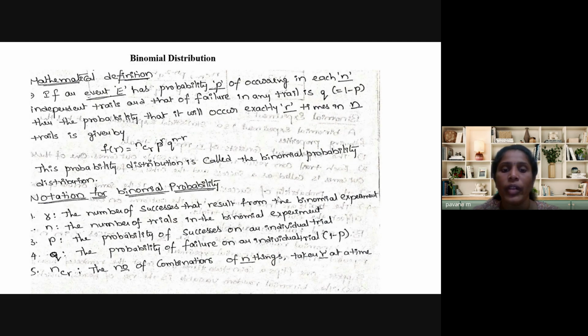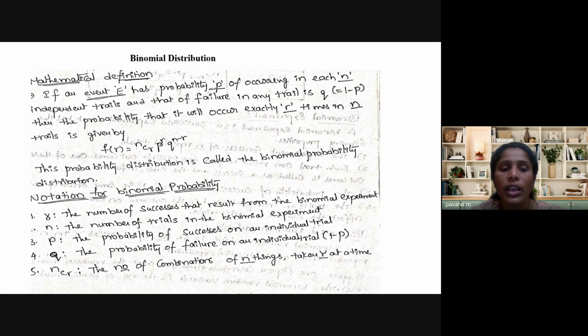First we will discuss binomial distribution. Suppose an event E has probability p of occurrence in each of the independent trials, and the probability of failure in any trial is q equal to 1 minus p. Here p means the probability of success, and q means the probability of failure in an individual trial.